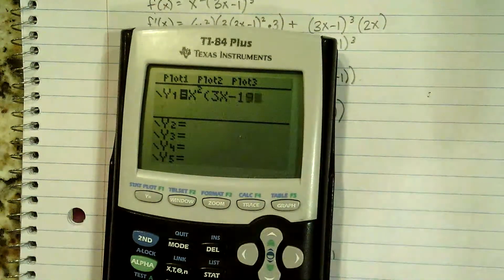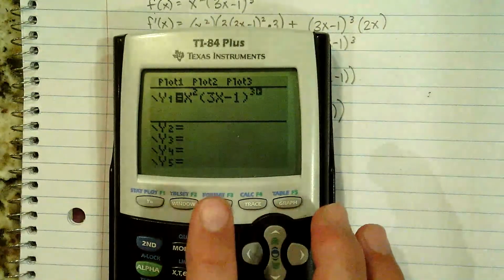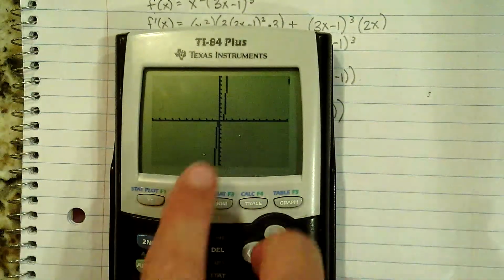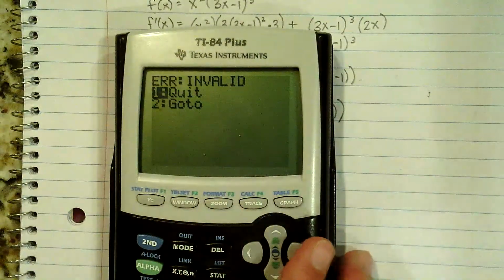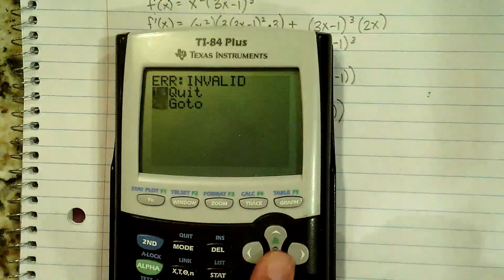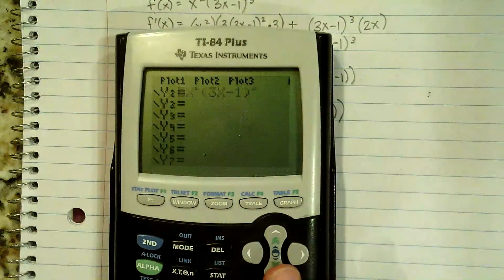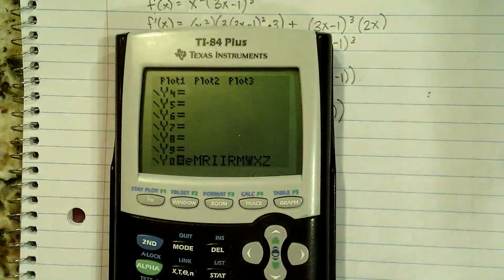(3x minus 1), oops, cubed. Okay, so the critical stuff is happening. Invalid, what's going on there? Oh, that was probably my children.